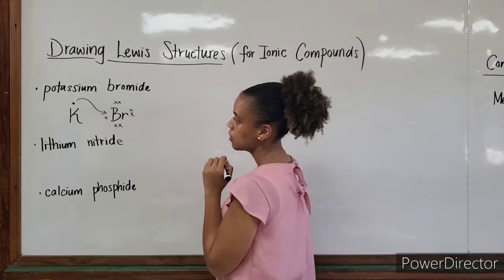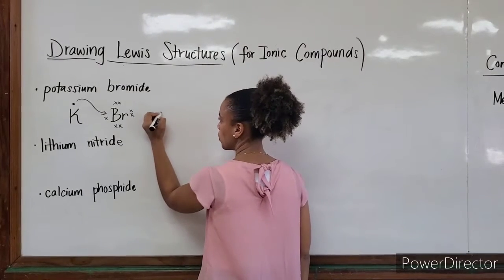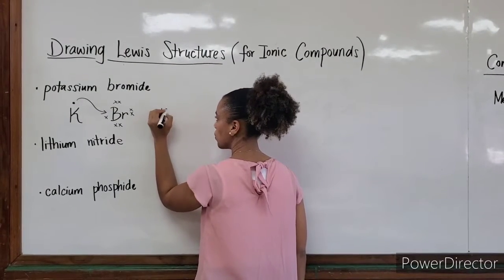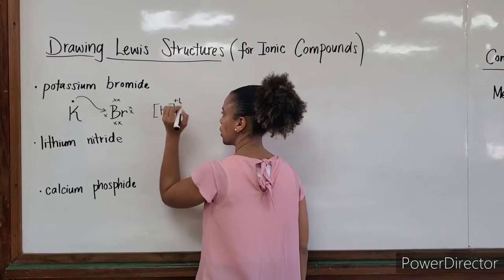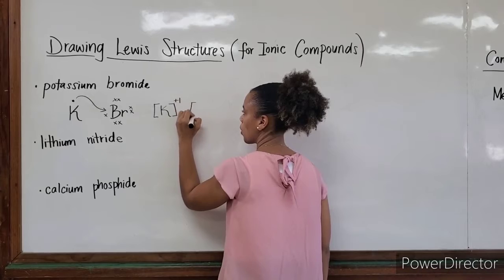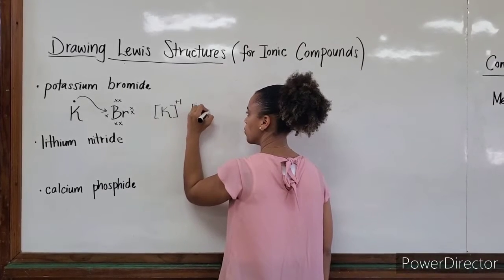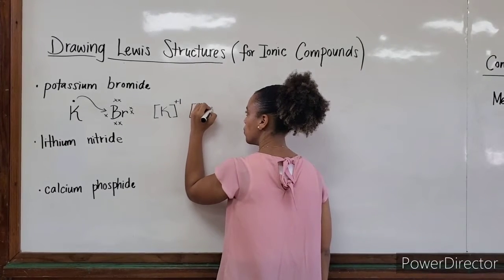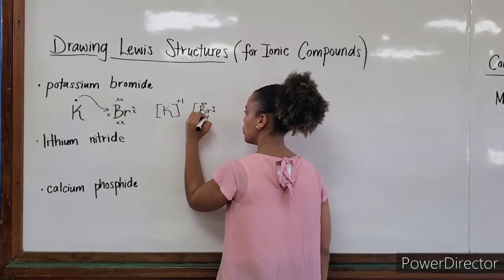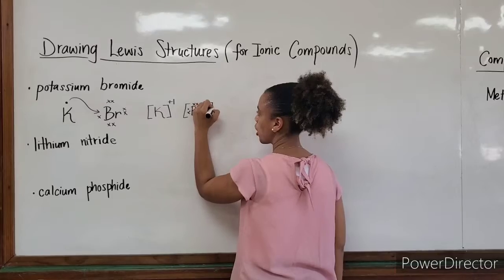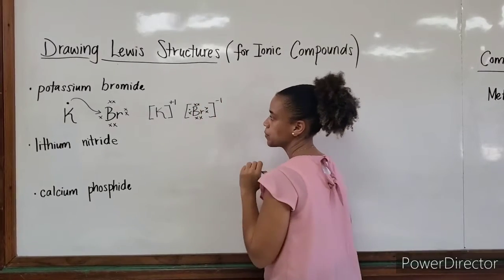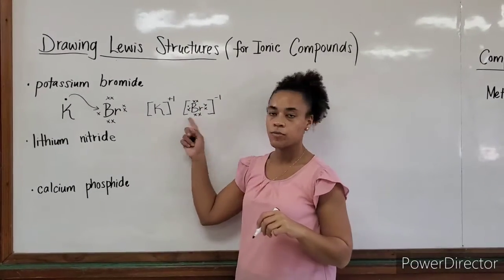After donating that electron to bromine, we will have potassium with a charge of +1, and we will have our bromide ion with the donated electron with a charge of -1. This is our first one.